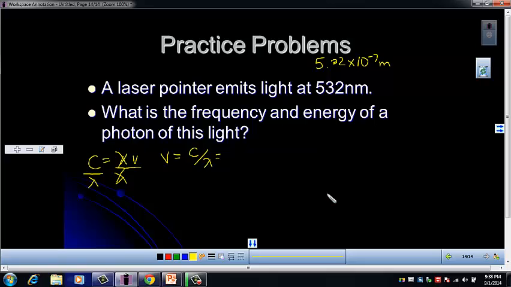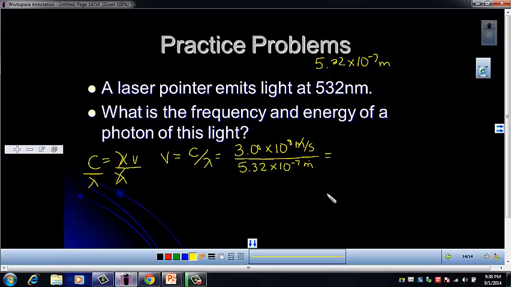And then it's just a matter of plugging in what we know. The speed of light is always 3.00 times 10 to the 8th meters per second. And then we're going to divide that by our wavelength, which is also in meters, 5.32 times 10 to the negative 7th meters.